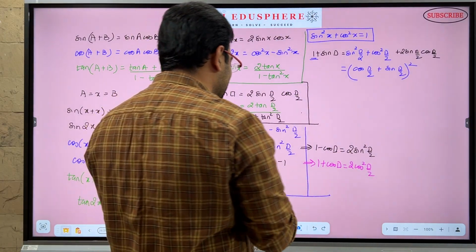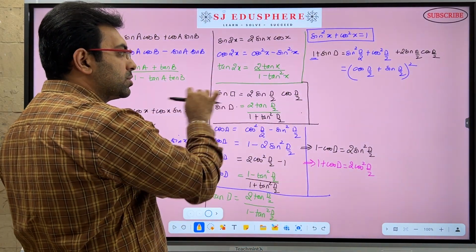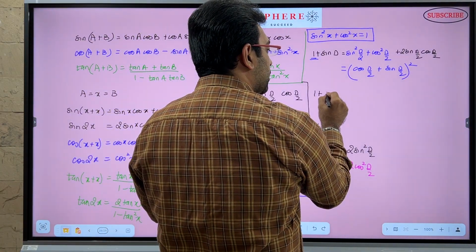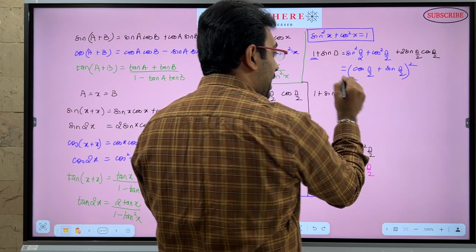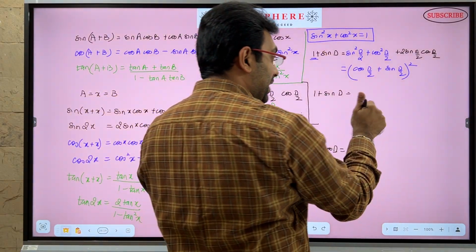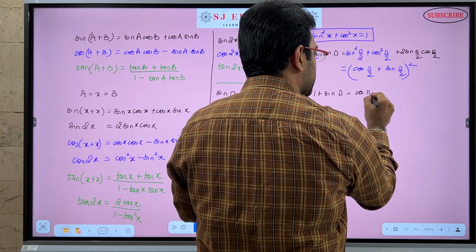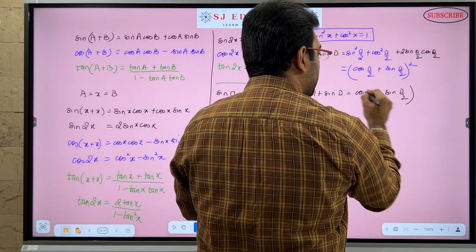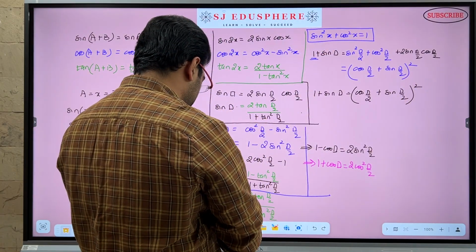So hence I say over here, coming back to sine box, my formula for 1 plus sine box, I repeat, when you give sine a plus, it will give you a plus. So that is cos box by 2 plus sine box by 2 the whole square.